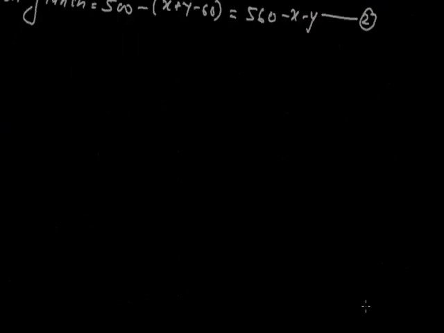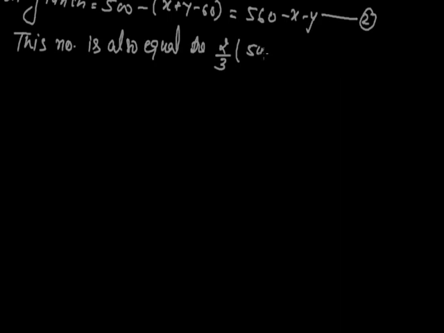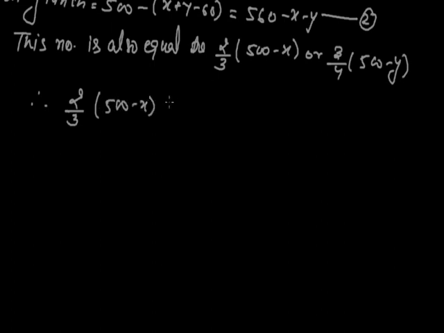Now according to the given question, we can say that this number is also equal to 2/3 of (500 minus X), or 3/4 of (500 minus Y). So 2/3 of (500 minus X) is equal to 3/4 of (500 minus Y) is equal to 560 minus X minus Y. Let it be equation 3.